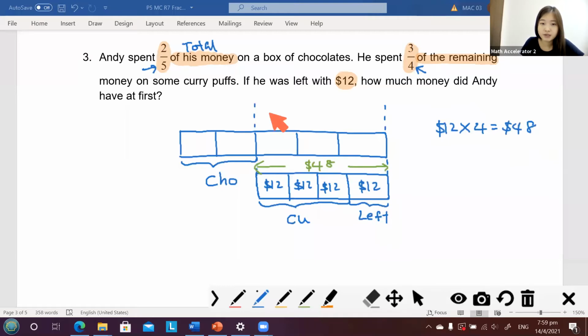This 48 is also the same here at the top, but it's no longer 4 units. You can call it 3 parts because each of the value here is different from the values in each unit in the second part of the model here. So now it's 3 parts. So to find one of it, you have to divide by 3.